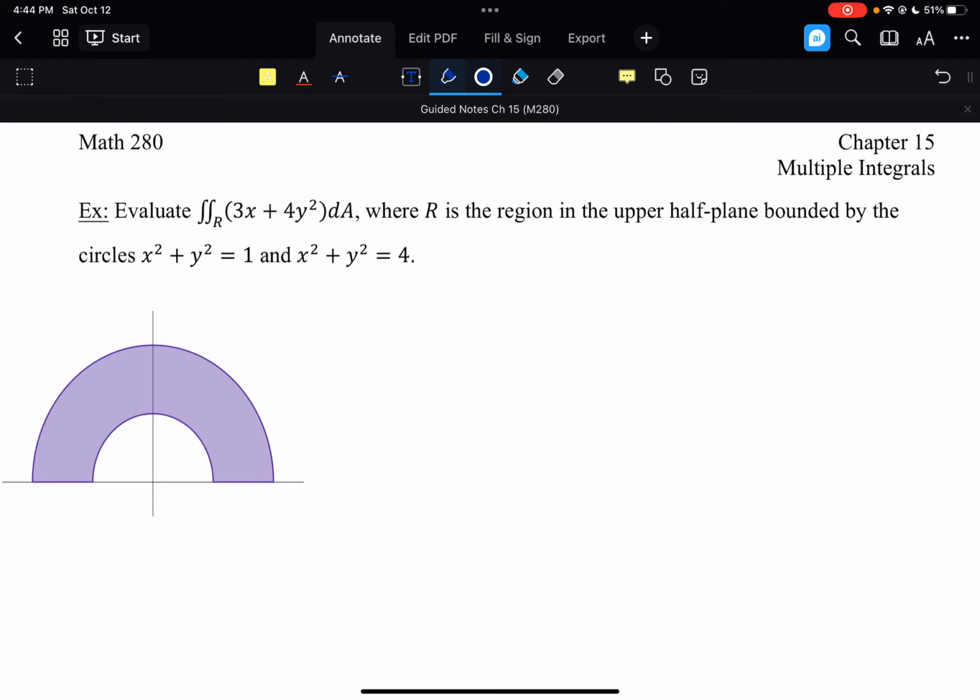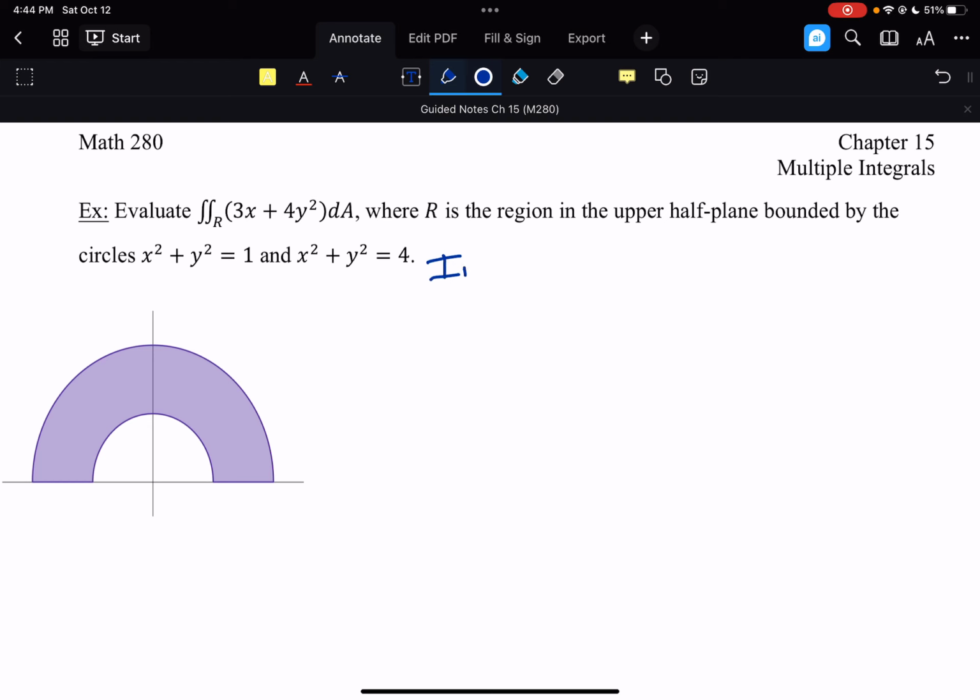If we were going to set this up using rectangular coordinates, we would be setting up integrals either vertically or horizontally between circular equations in x and y, and then these linear equations down here. In polar, all we need to consider are the radius and the angle.